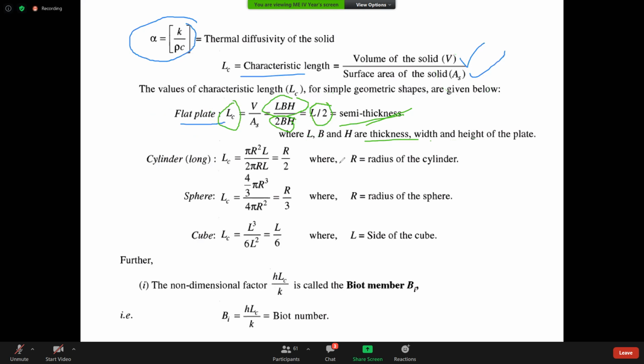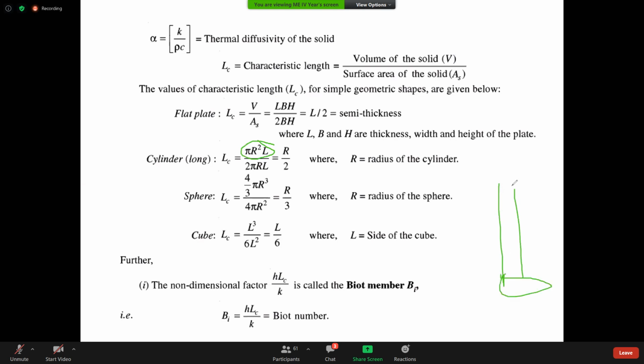Similarly, for the cylinder, let us say a cylinder with some radius R and some height or length L. The volume is phi R square L and 2 phi RL is the surface area.